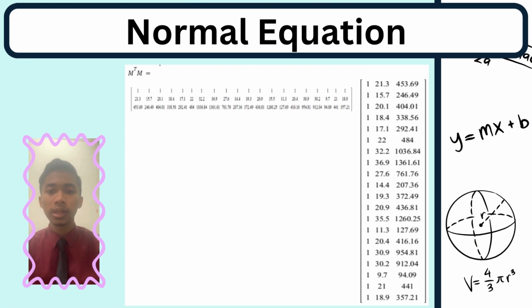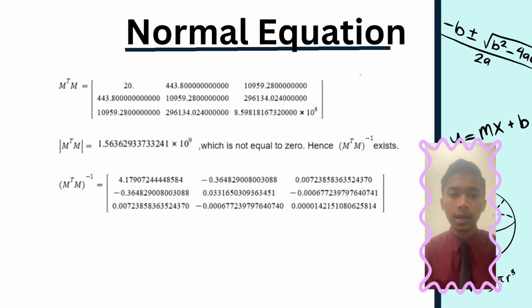To find the normal equation, we use m transpose m. As before, we multiply the 3 by 20 transpose with the 20 by 3 matrix. We will get a 3 by 3 matrix for m transpose m.